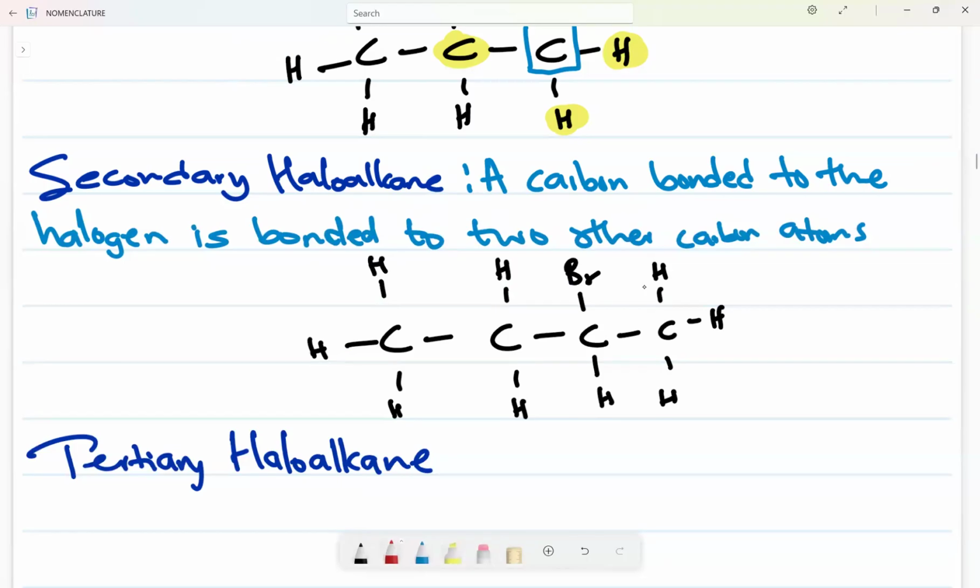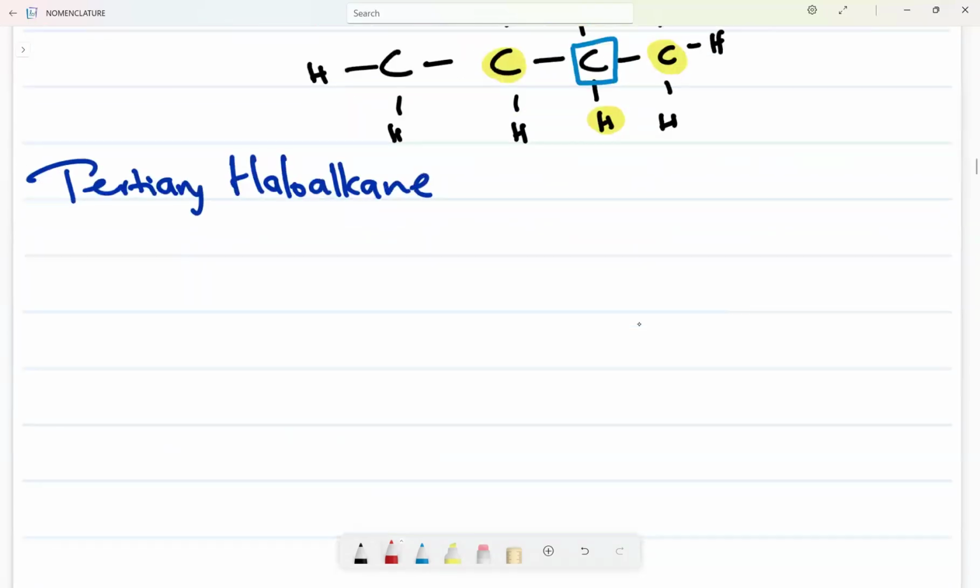Which one is that? The king. Where is the king? Here is the king. It is bonded to two other carbons. Let's see. King is bonded to this, this, as well as this. How many carbons is king bonded to? One carbon and two carbons. So this qualifies as a secondary haloalkane.